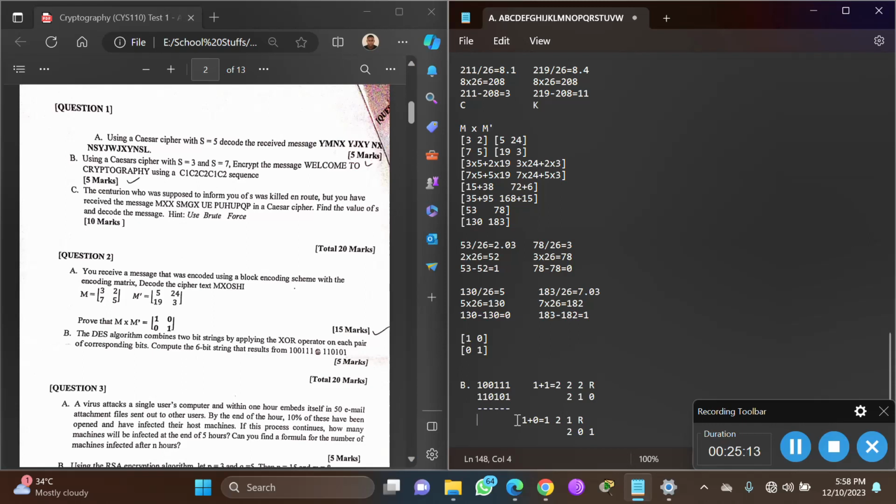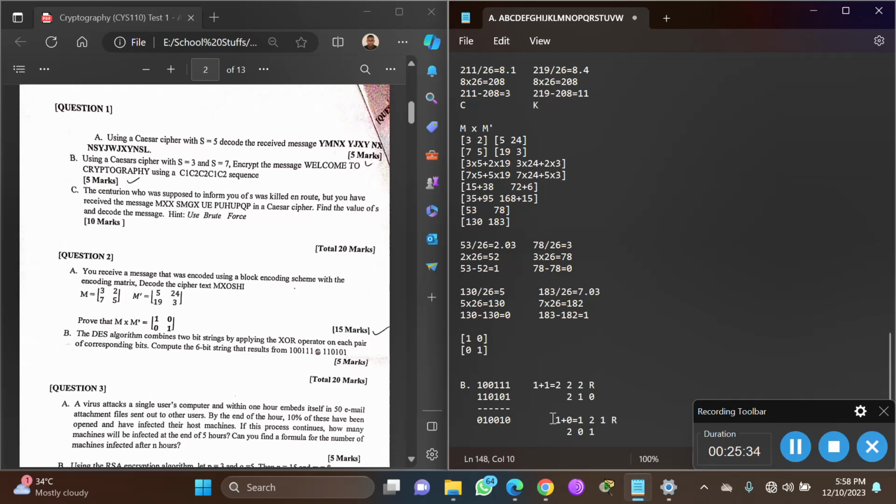So we have 1 and the 1, same, it's 0. Then 0 and the 1 different, it's a 1. Then 0 and 0, same, it's a 0. Then 1 and the 1, same again, it's a 0. 1 and the 0, different, it's a 1. 1 and the 1 is a 0.